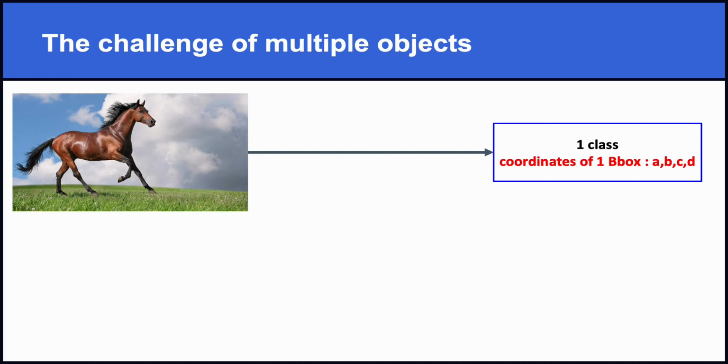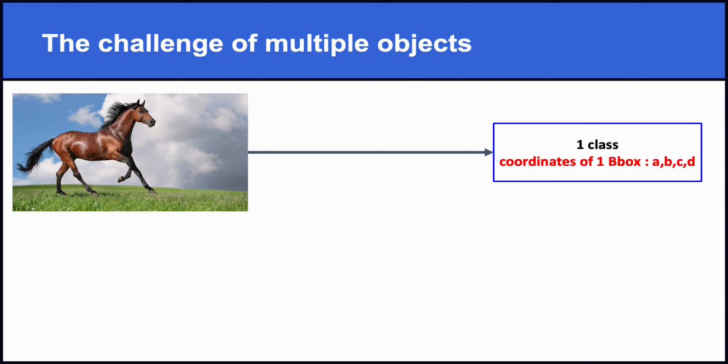That would mean that the output of our model would be the class of the object detected, the coordinates of its bounding box, and all the rest of the vector that we saw earlier, so the confidence score, and the one-hot encoding of the classes.